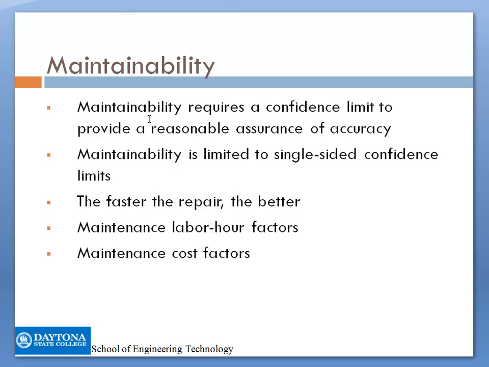The faster the repair, the better. Also, there are factors that you need to take into consideration when you do maintainability, which are the maintenance labor hours factors and the maintenance cost factors, and this type of factors will be part of the calculation of that maintainability.